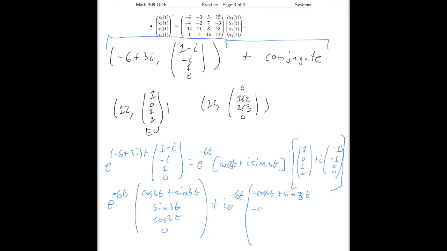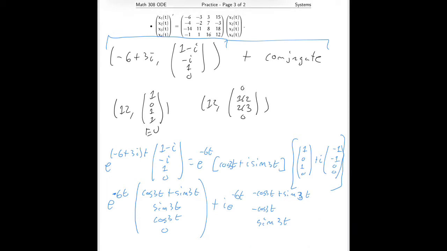Then the next one will be minus cosine 3t. And then the next one will be sine 3t. Okay, so that's the real, and that's how we broke the vector into real and imaginary parts.